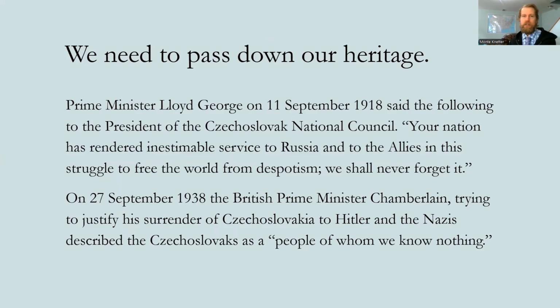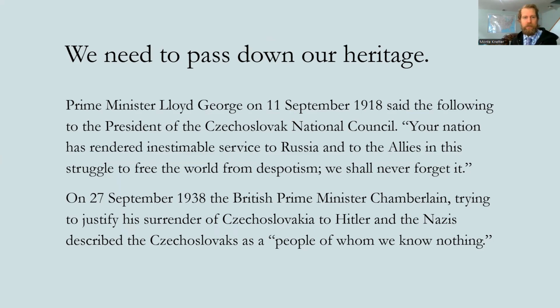Prime Minister Lloyd George on September 11th, 1918 said the following to the president of the Czechoslovak National Council: "Your nation has rendered inestimable service to Russia and to the Allies in the struggle to free the world from despotism. We shall never forget it."